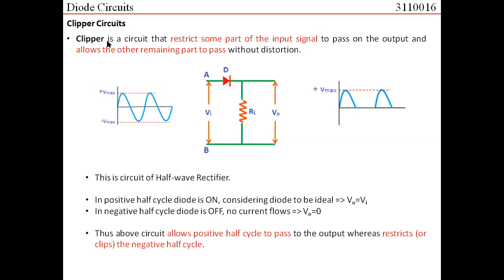So if we remind ourselves of the definition, clipper circuits are those circuits that restrict some part of the input signal to pass to the output and allow the remaining part to pass without distortion. Again, in this case, the positive half cycle is passed, the negative half cycle is restricted. So this is what we mean by clipper circuit.